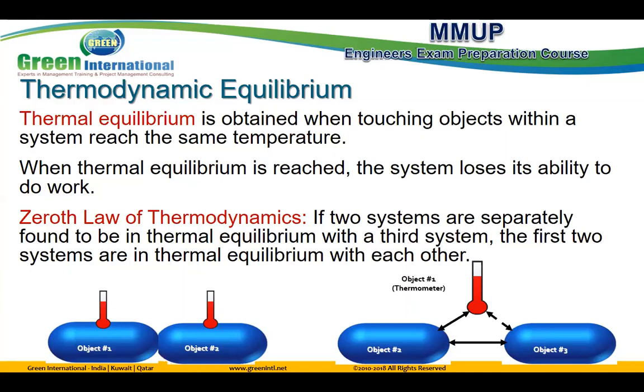Clear? For example, this object and this object, but we have another object 3 here. This object 3 is touching this one and is in thermal equilibrium with it, and is also in thermal equilibrium with this one. So the first two are now in thermal equilibrium.